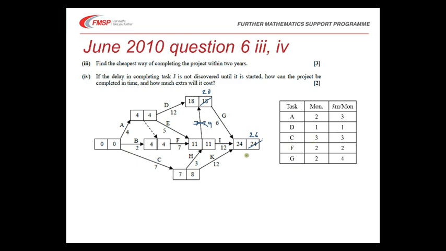So the best way to do it is to get to here by 19 and reduce G by a month, and do that by reducing one of A or F, and the cheapest one is F. So I want to reduce F by 1 month and G by 1 month, and that will cost me £6 million.